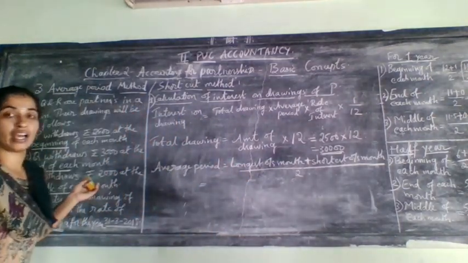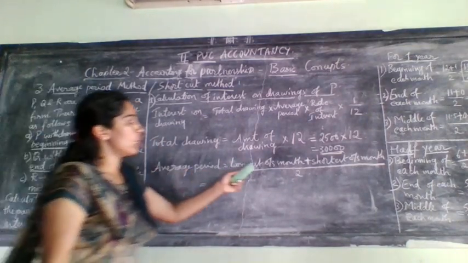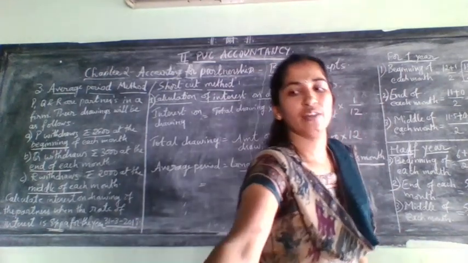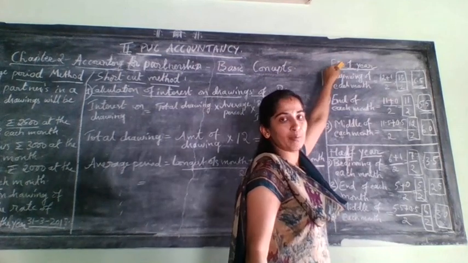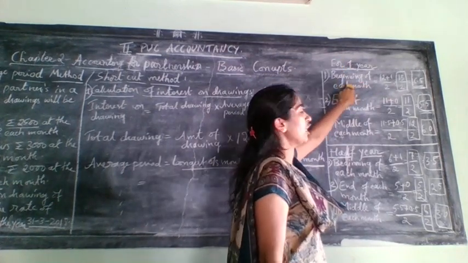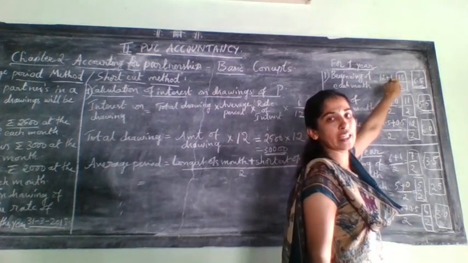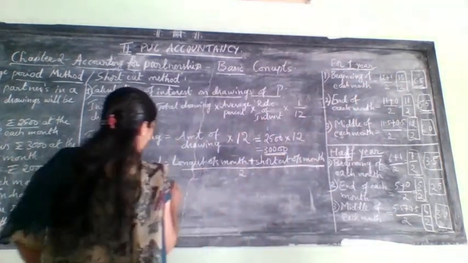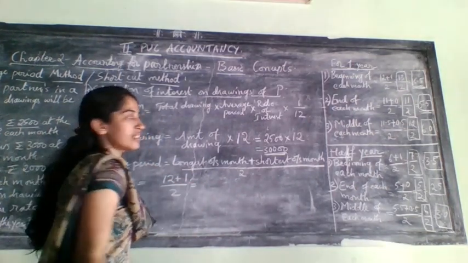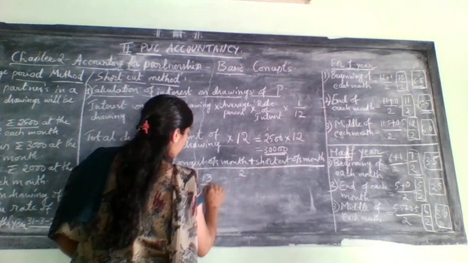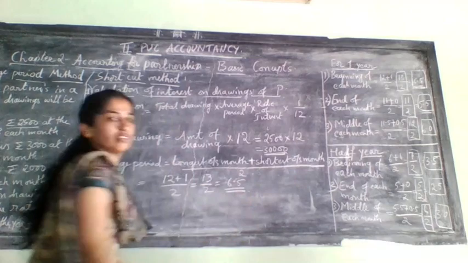This is when they asked at the beginning. Beginning means the longest will be, check your chart. For one complete year, this is the beginning of each month. Beginning of each month means 12 plus 1 by 2. It will come to 13 by 2, or else you can consider it as 6.5.